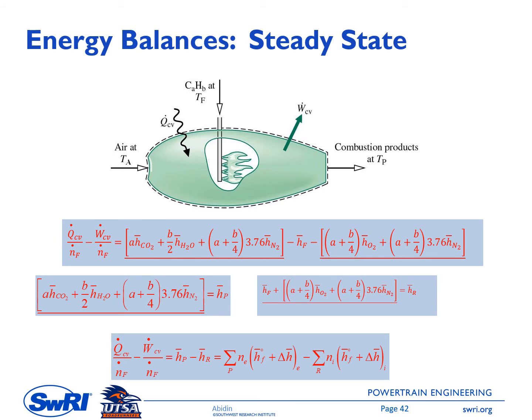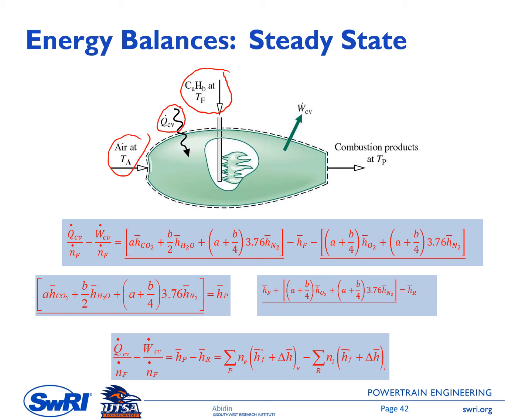So this is the schematic of an open system or a control volume. We have airflow from the left side at temperature T_A, and then this is the fuel flow with a temperature of T_F. The fuel is represented by C_aH_b here, and then there might be heat transfer through the system boundary.